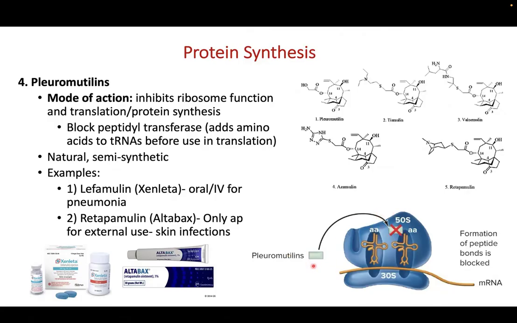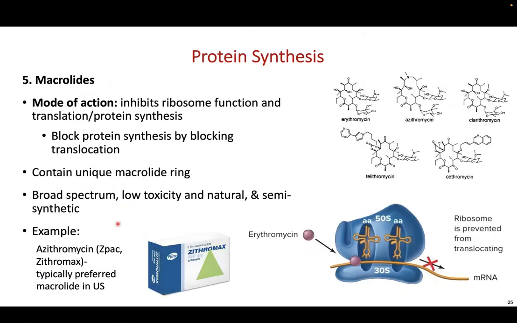When you have this antibiotic, it comes here and just blocks the binding of the two peptide groups, leading to no formation of peptide bonds, and no formation of amino acid bonds, leading to no formation of protein. And we have both the natural and the semi-synthetic forms. Examples include lefamulin and retapamulin. Forgive me, these names are really huge. You guys will be hearing a lot of them.